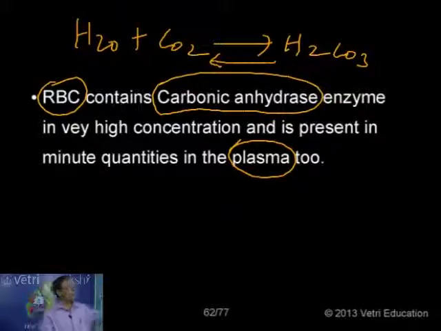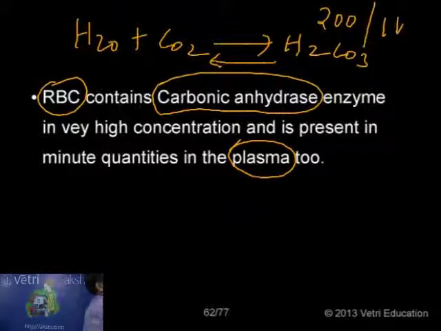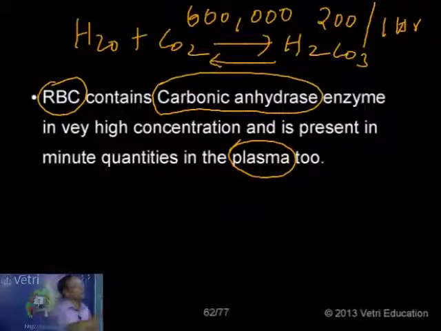Now, in the absence of this carbonic anhydrase, the number of carbonic acid molecules formed is only about 200 per hour. But when this enzyme is present, we receive nearly 600,000 molecules of carbonic acid. You see that this is being catalyzed by the enzyme.